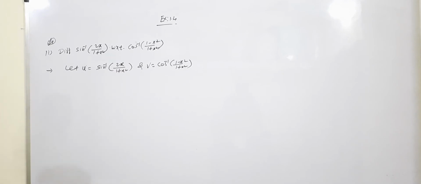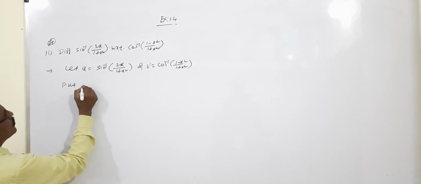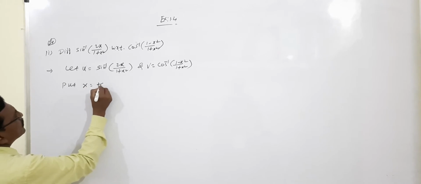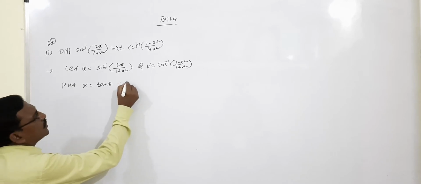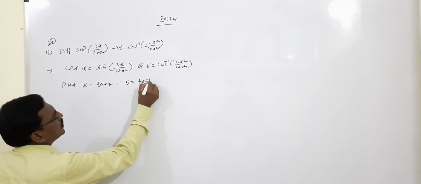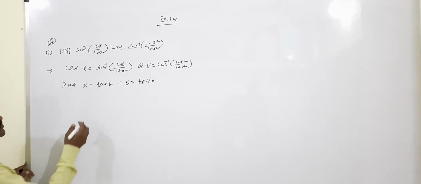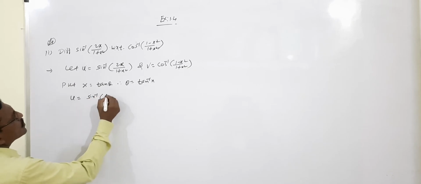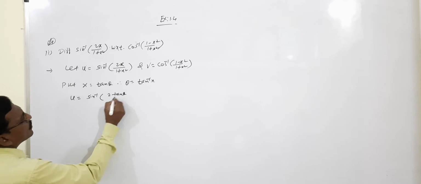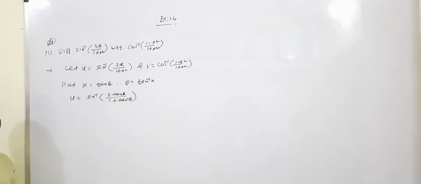Now here these are sine inverse and cos inverse functions. That's why we put x equal to tan theta here, and therefore theta equal to tan inverse of x. Take its inverse. Now our function is sine inverse of 2 tan theta divided by 1 plus tan square theta.